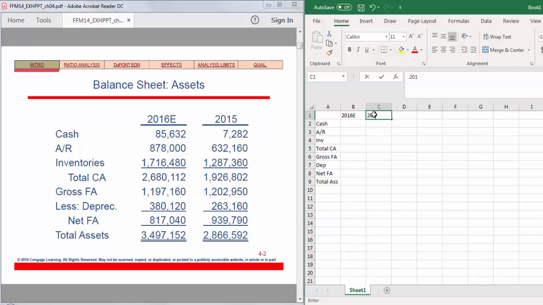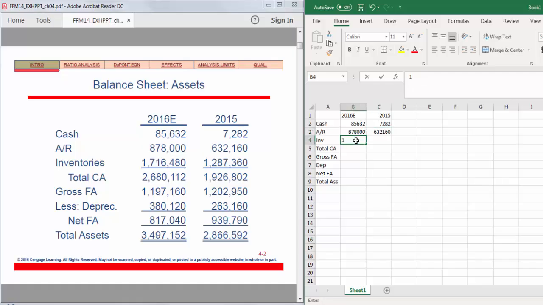You got 2015. So you have 85,632, 7,282, 878, then you got 632,160.